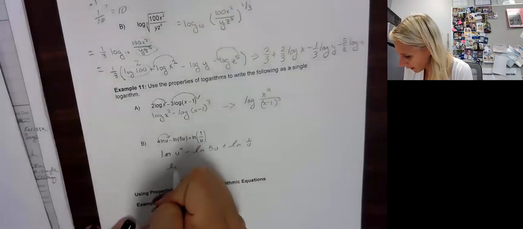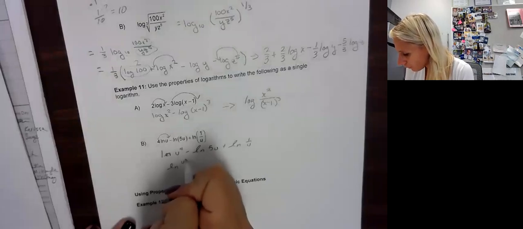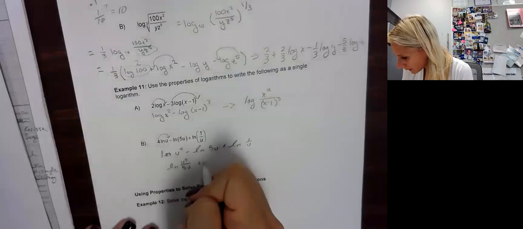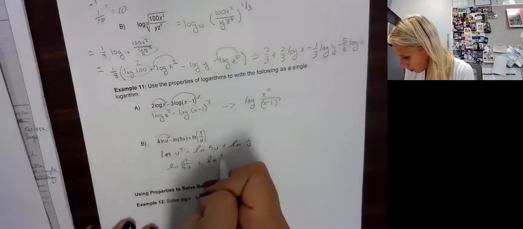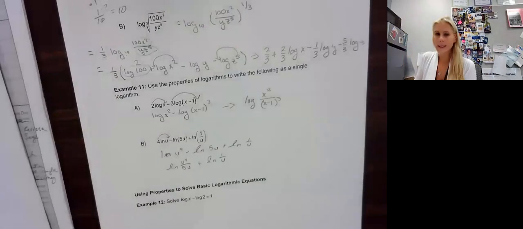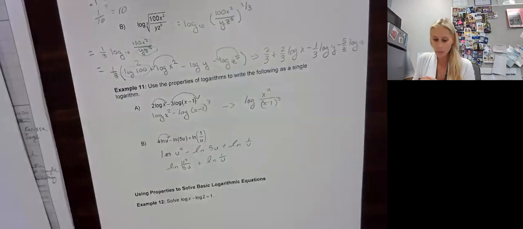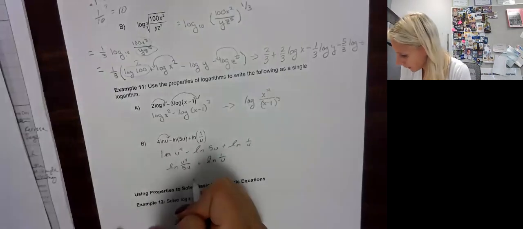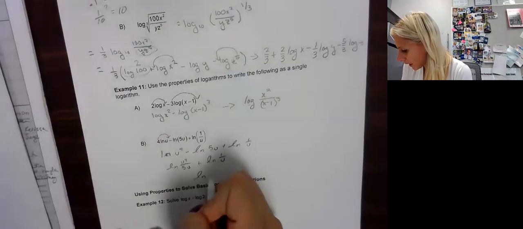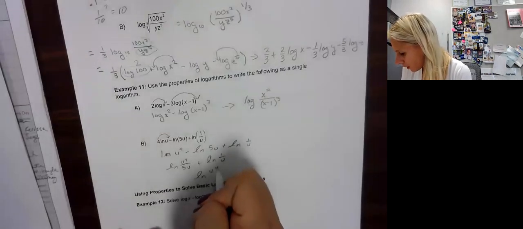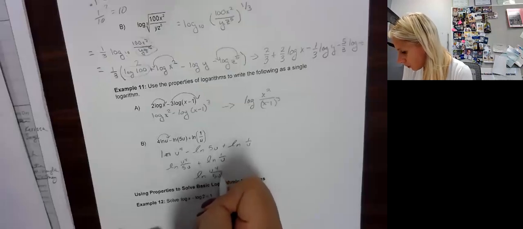So we have ln of u to the 4th divided by 5u plus ln 1/u. Do you guys see why I did that now? Because addition means multiplication. And when I do the multiplication, I can just multiply the numerators, multiply the denominators, which gives me ln u to the 4th all over 5u squared.